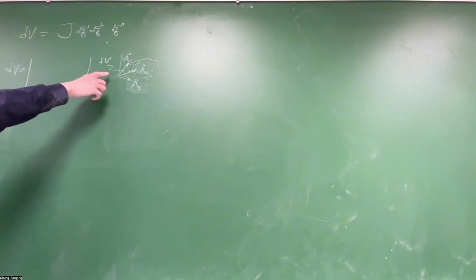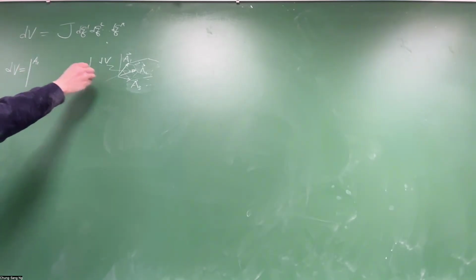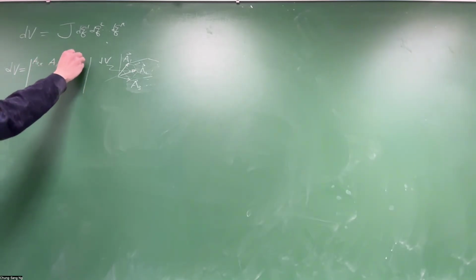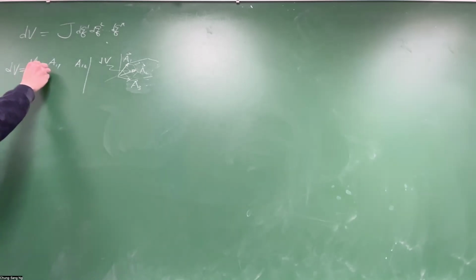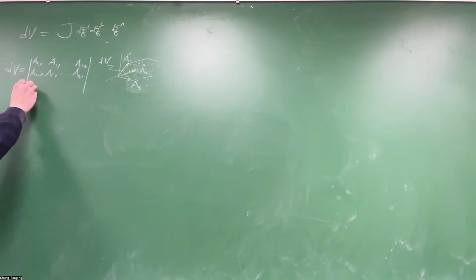So this is the A1 vector's x component, A1 y component, and z component, and so on, then A2, up to any number of dimensions.